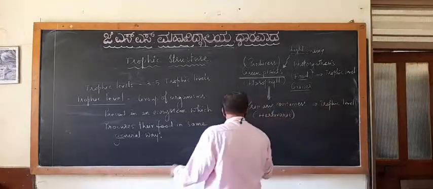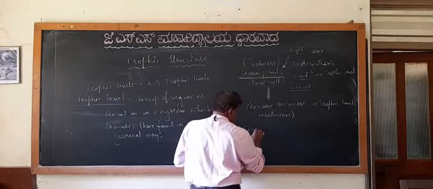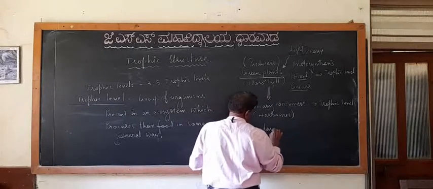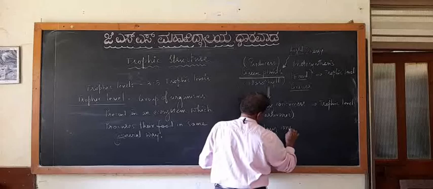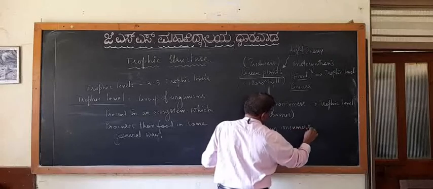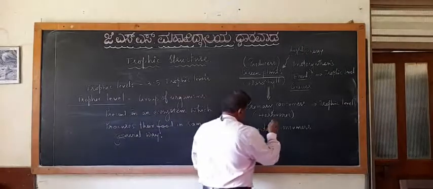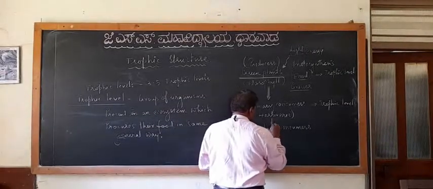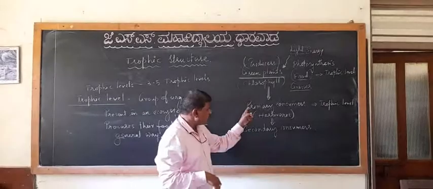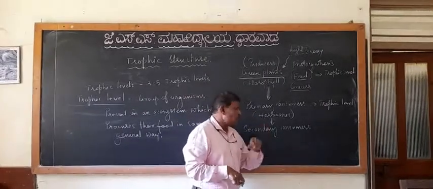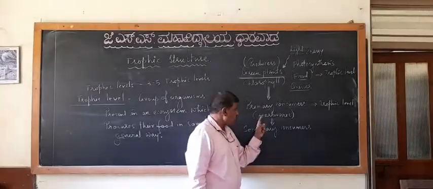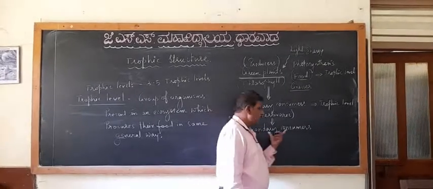Then you consider the secondary consumers. Secondary consumers usually feed upon the primary consumers. They feed upon the herbivores. By feeding upon the herbivores, they get their food.